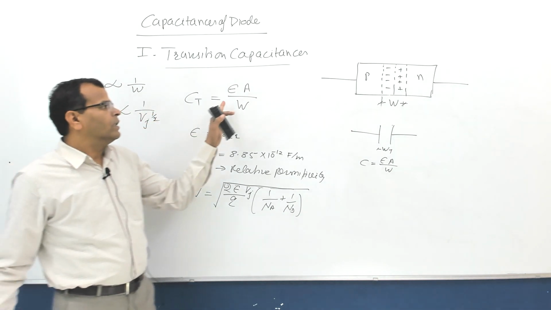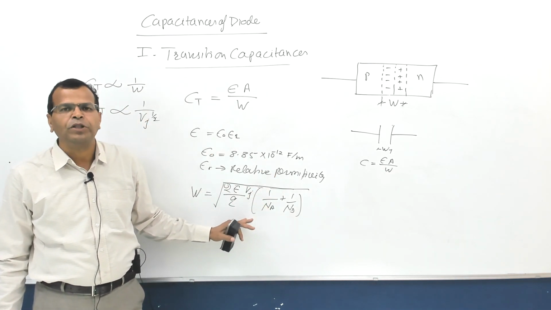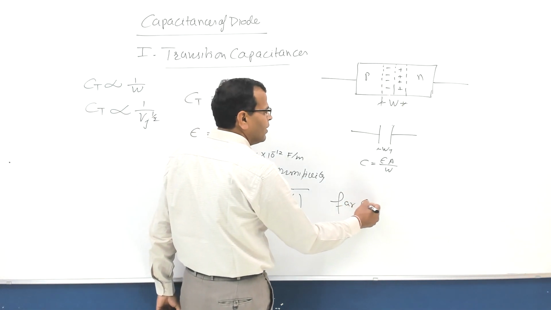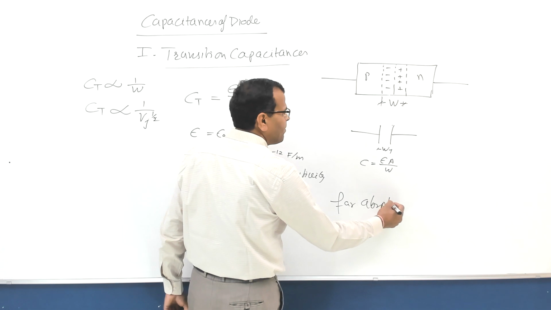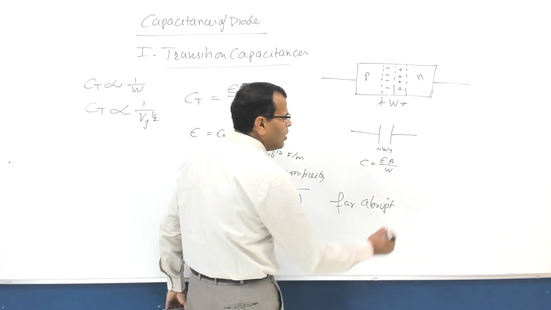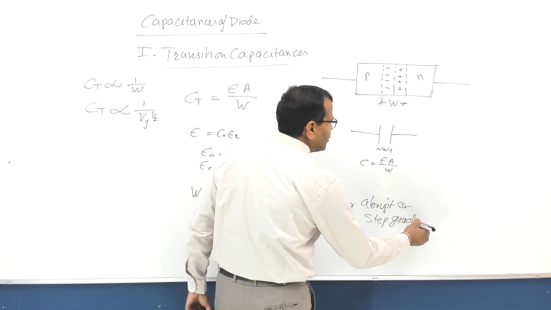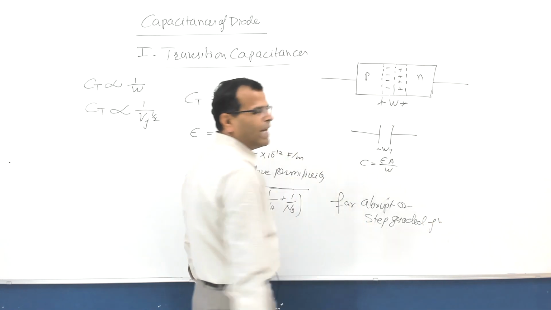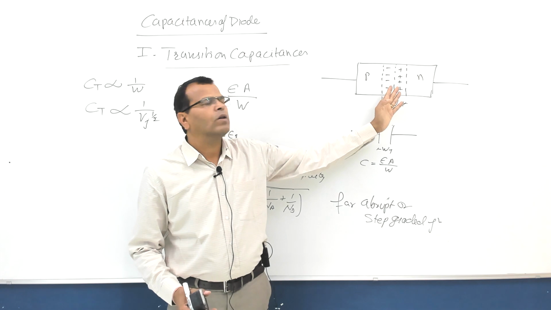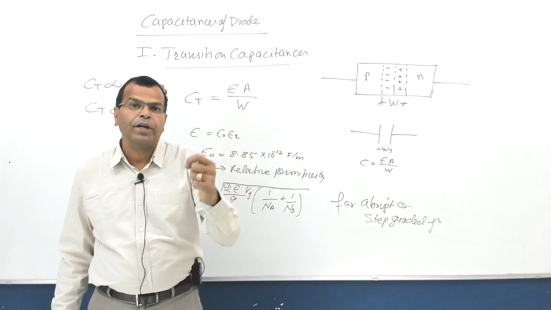But remember, this expression of capacitance, this expression of depletion layer width is applicable for which type of junction? For abrupt. Please do remember that, for abrupt, or that is also called step graded junction. When there is a sudden change in concentration of the charge carriers or bound charge density across the junction, that is called step graded junction.